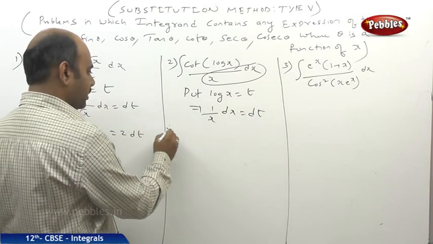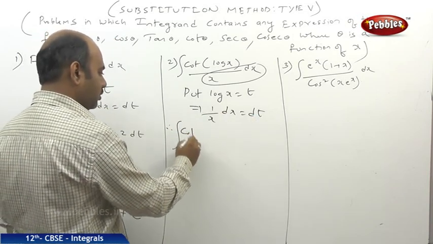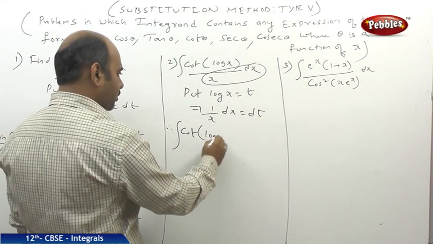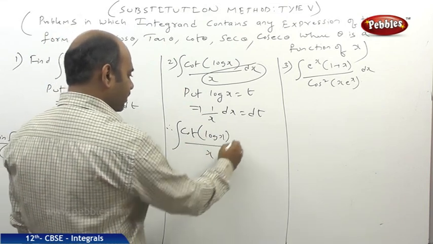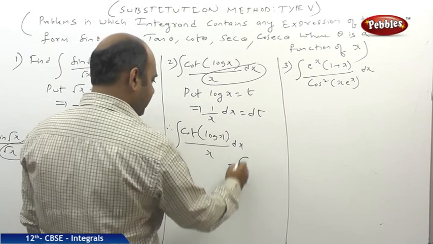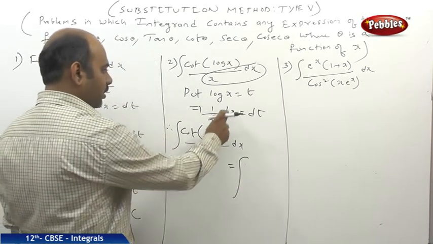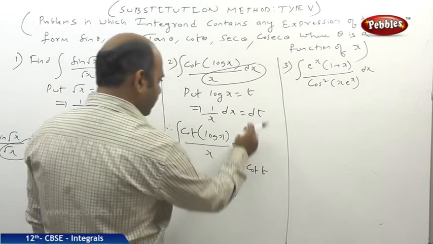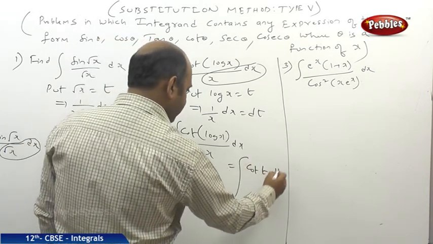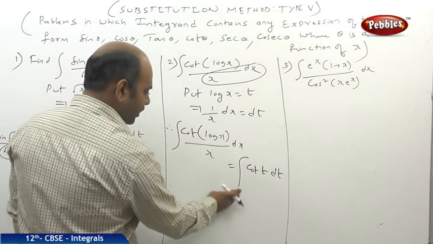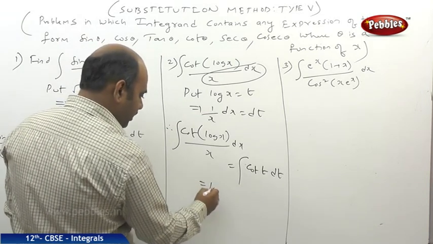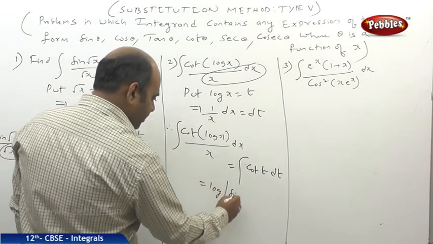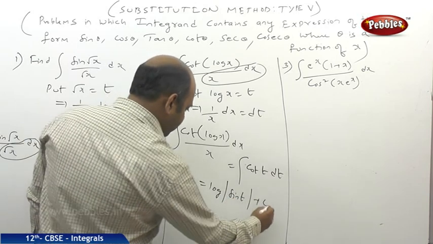So finally our problem goes to the integral of cot of log x by x dx, which is the integral of cot t, with dx by x turning into dt. Just now we had seen that the integral of cot t dt means log mod sin t plus c.